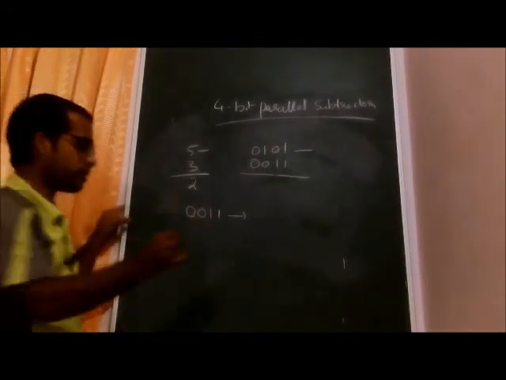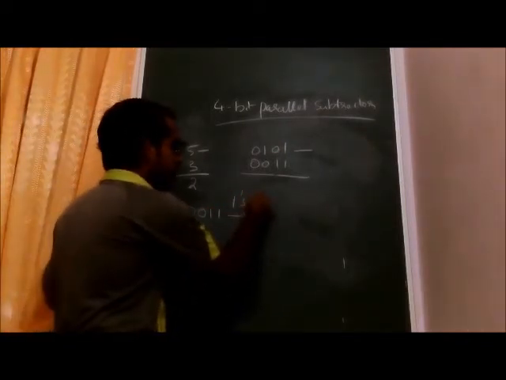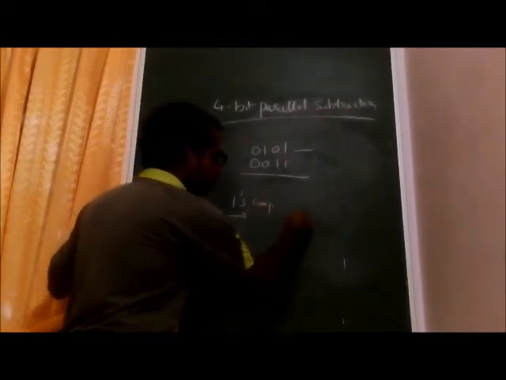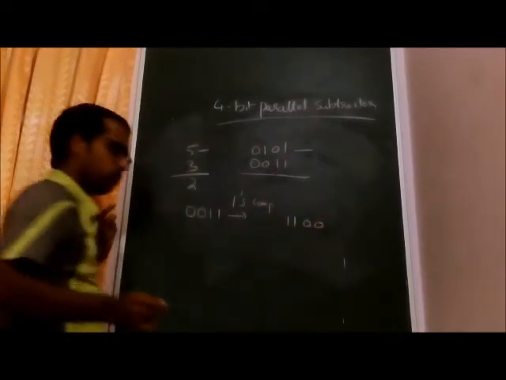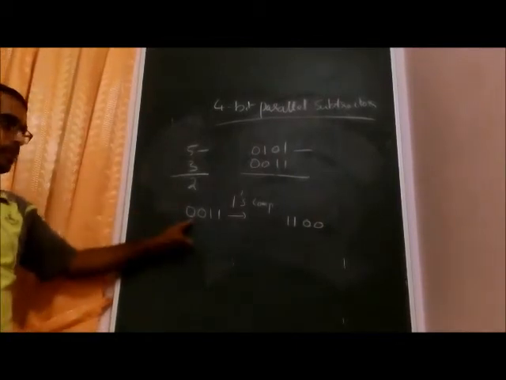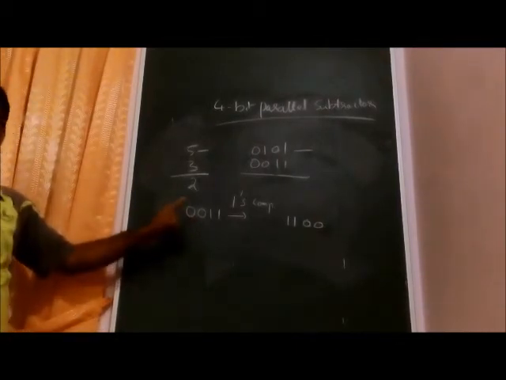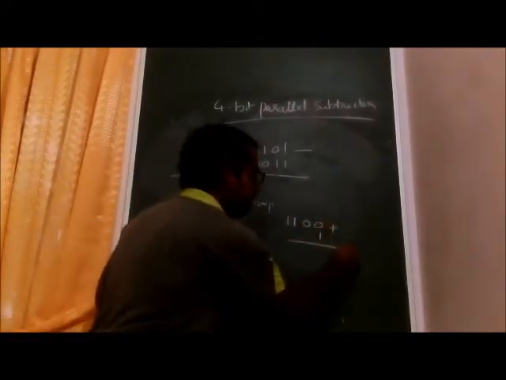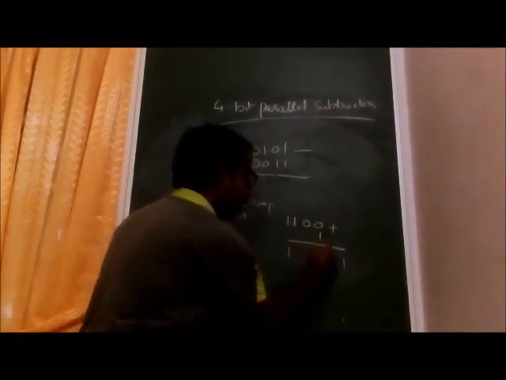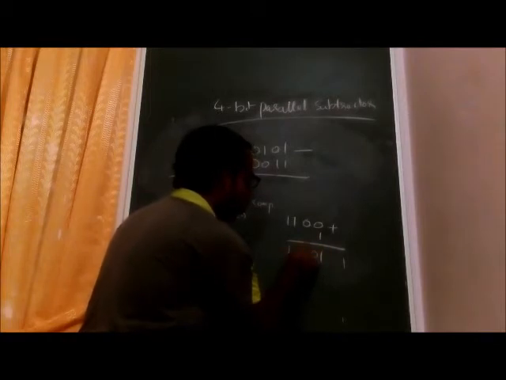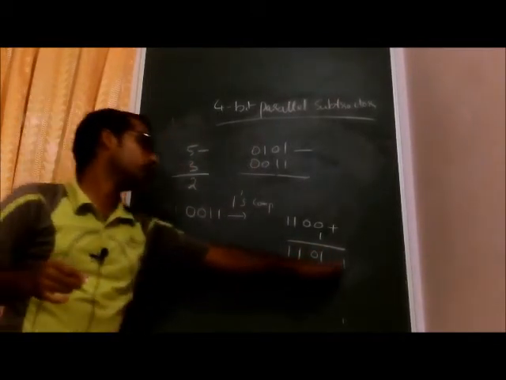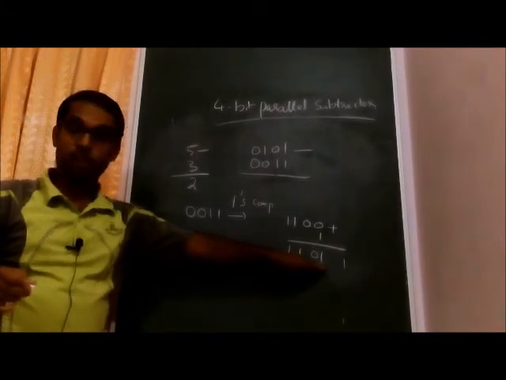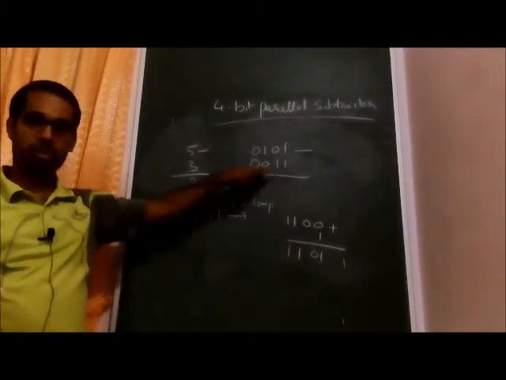So the 1s complement of this number is 1 1 0 0, and we need to add 1 to the least significant bit. So you will get 1 1 0 1. This is the 2s complement of this number.